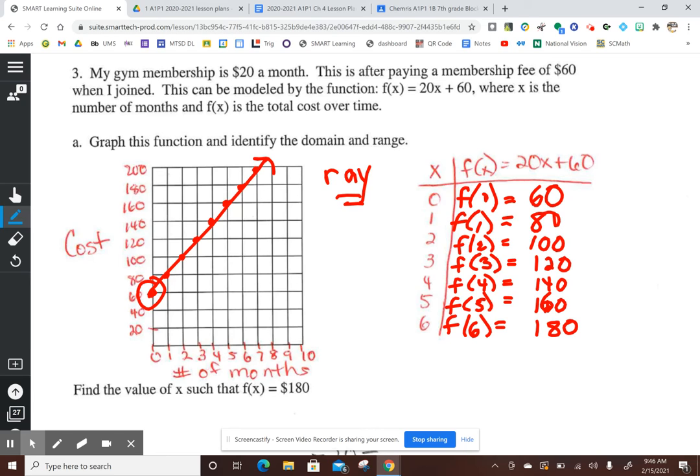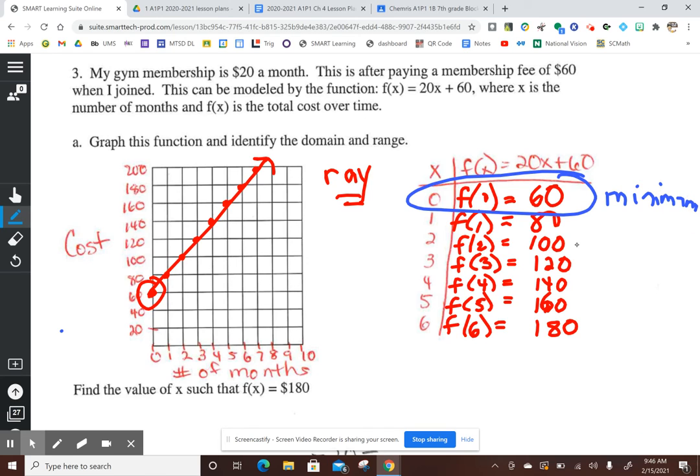Now, let's think about what the domain and range is. There's two different ways for us to figure out the domain and range. One is let's look at the chart, and the chart will give us the minimum x and the minimum y.